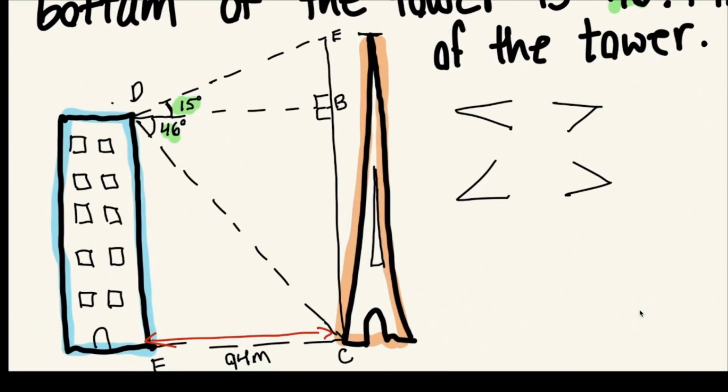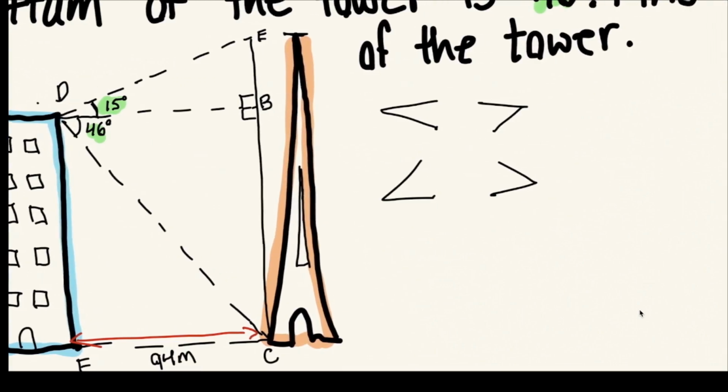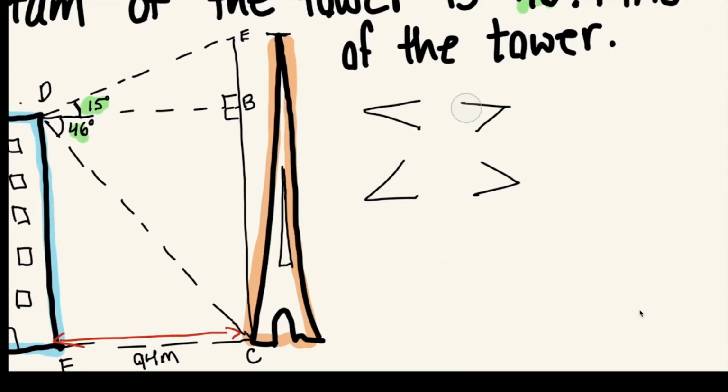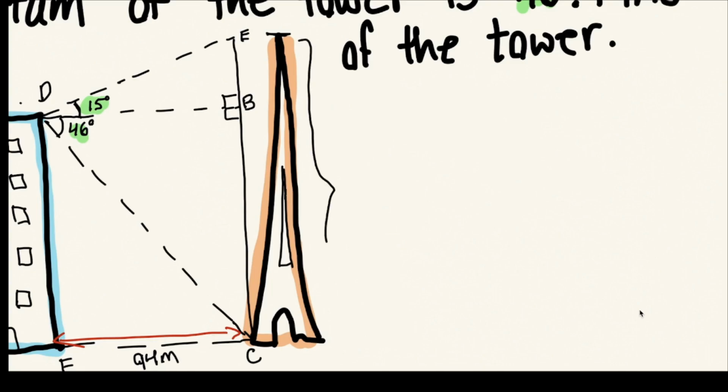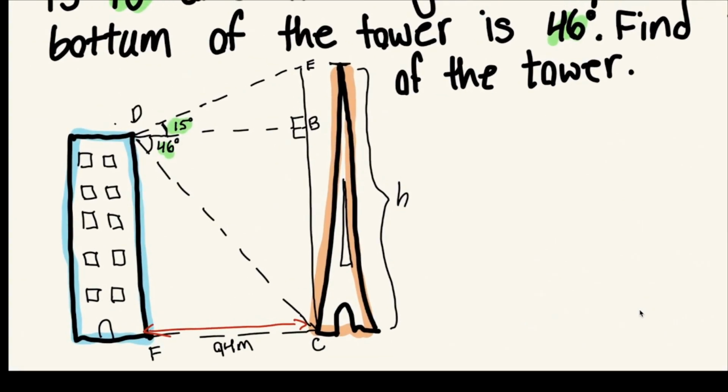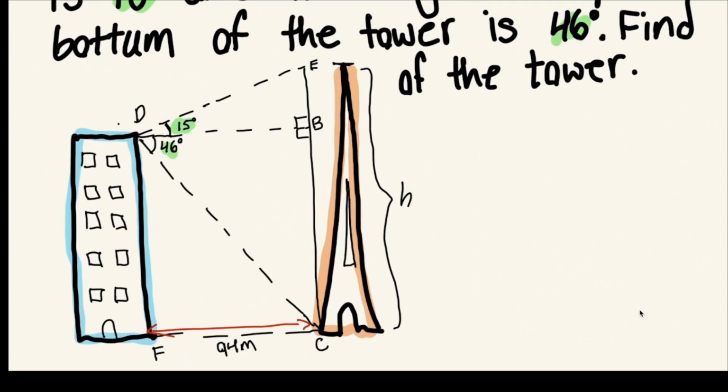So they want us to find the height of, give me a second, let me erase this. They want us to find the height of this whole thing. I'll label it as H. So how do we do that? We know that we can use primary trigonometric ratios. So what we have to do is actually solve for this part.